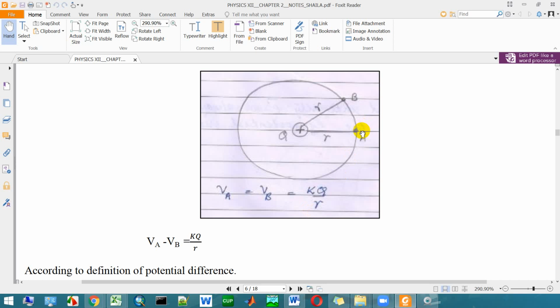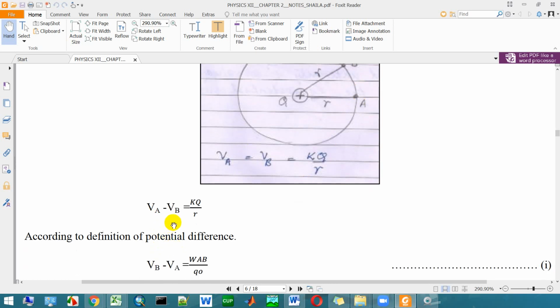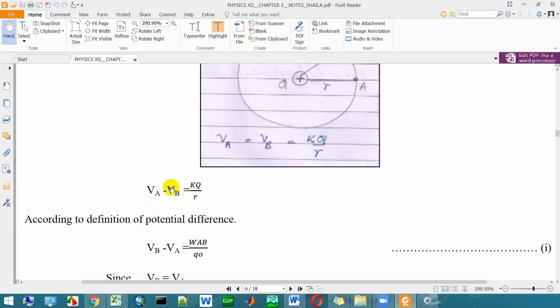So the potential difference between these two points, VA minus VB. Actually it is VA equal to VB. It's not VA minus VB, it is VA equals VB because the potential at both the points is the same.